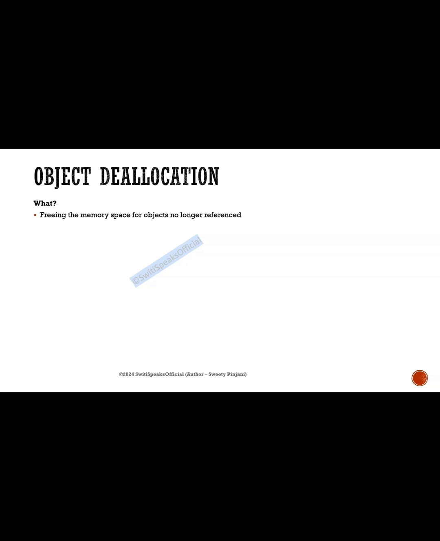It's better to free the memory space. That process of freeing the memory space from objects which are not required is called object deallocation. You are deallocating the object from the memory. Simple words. How is object deallocation done?